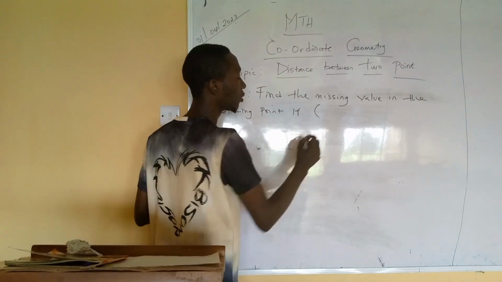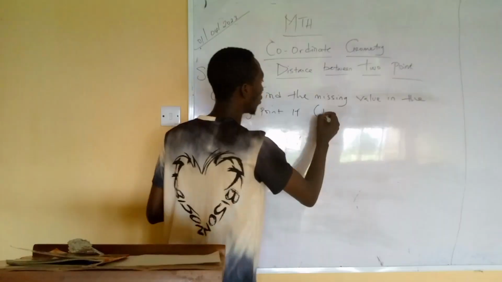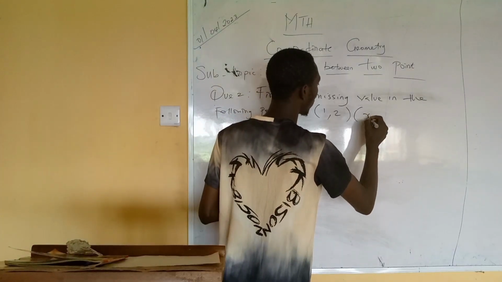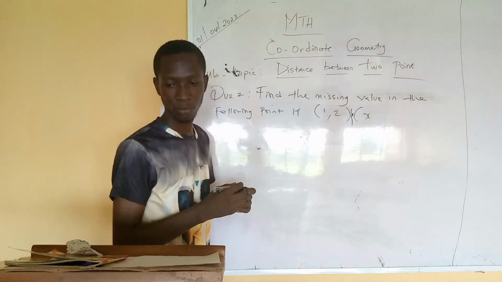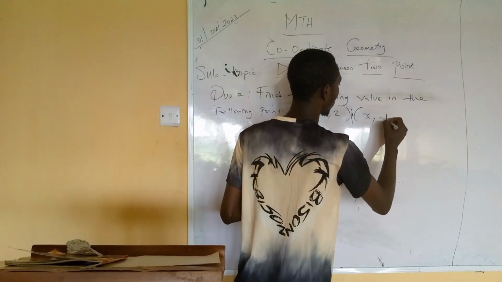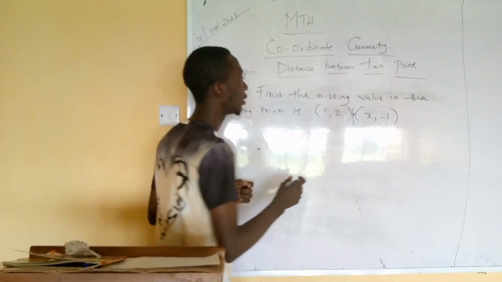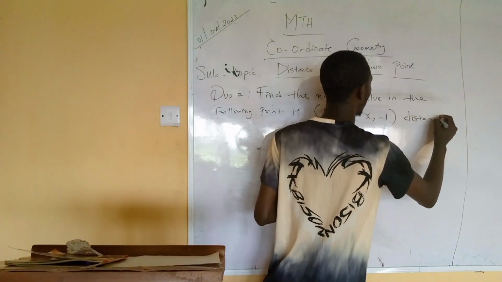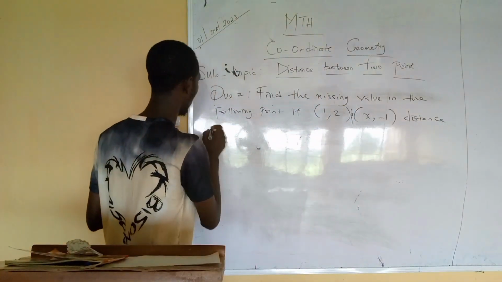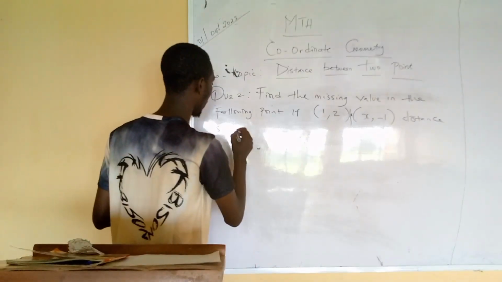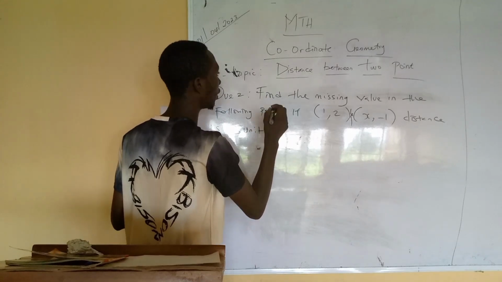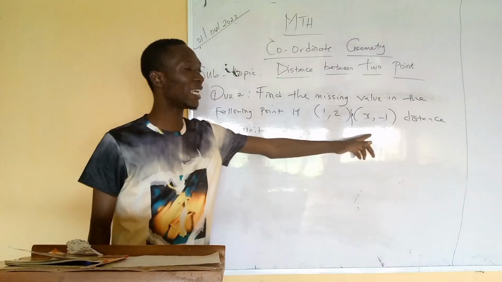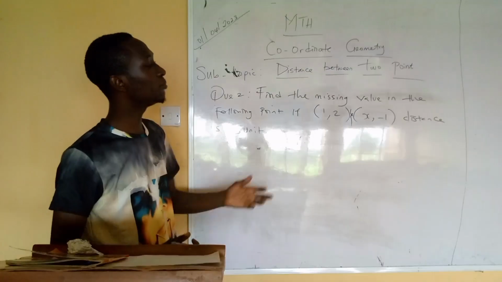If distance. Now find the missing value. So we have to look for what is the missing value in the point. It is x. And then we have to look for the missing value x.